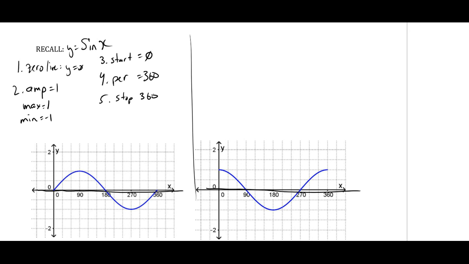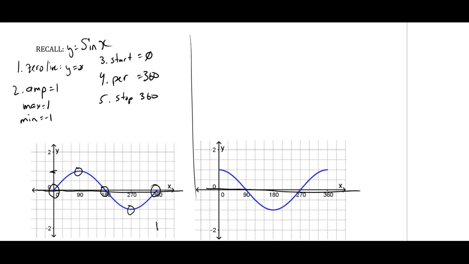And it's the same for cosine. It's just we notice that sine starts on the 0 line, goes up to the maximum, that's 1, then passes back through the 0 line, touches the minimum value, and ends on the 0 line.